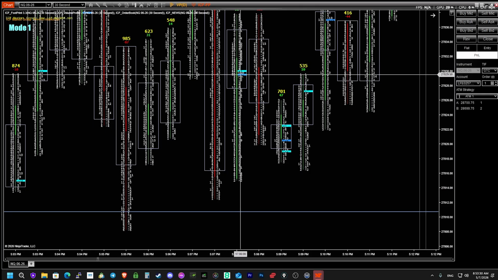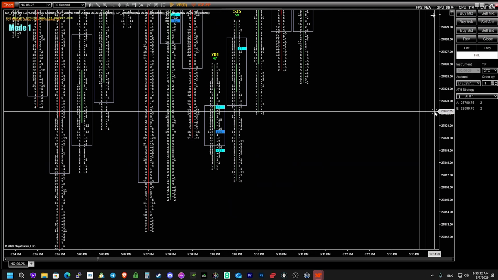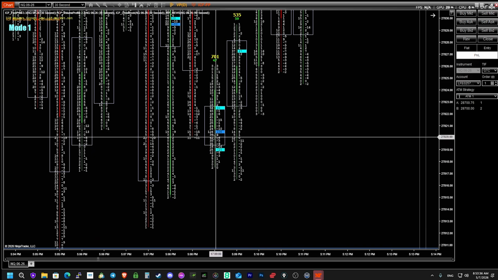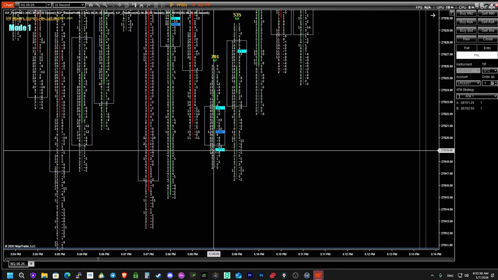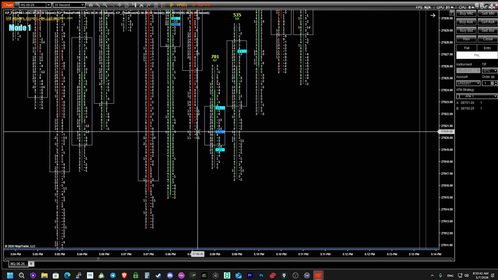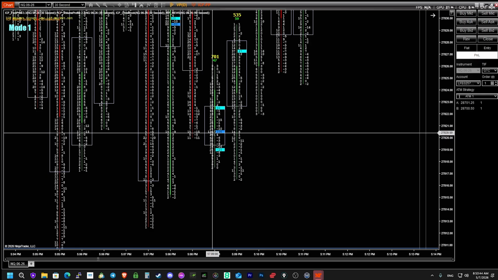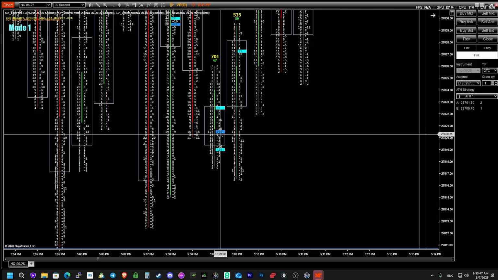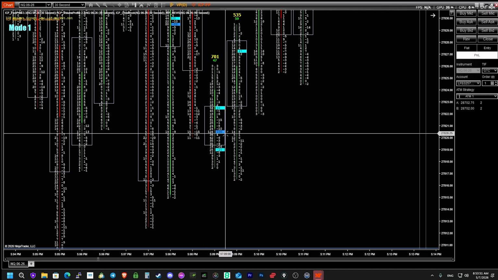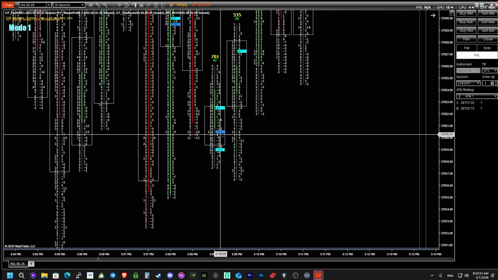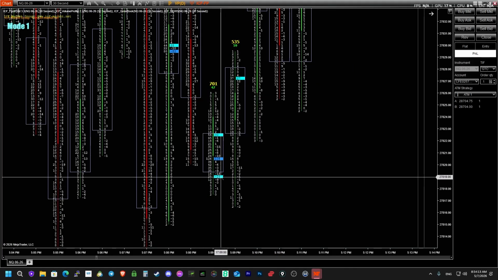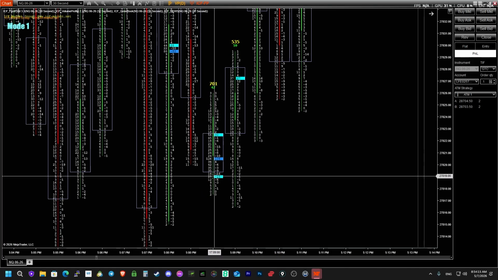Even if you wouldn't enter here, we had another absorption by the buyers. Sellers tried to push the market down, but buyers absorbed that, and then they bought aggressively, a huge amount of buys here, 126 volume, and the difference between buys and sells was 106. So here the market tried to sell.